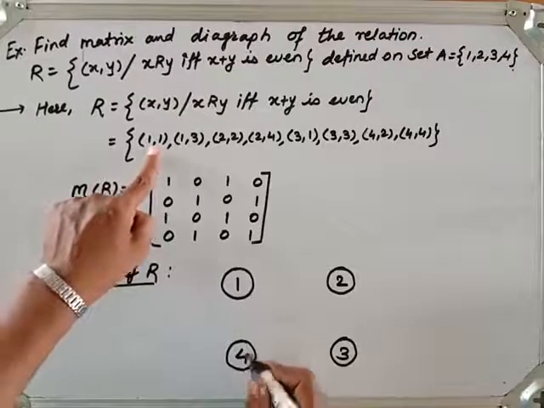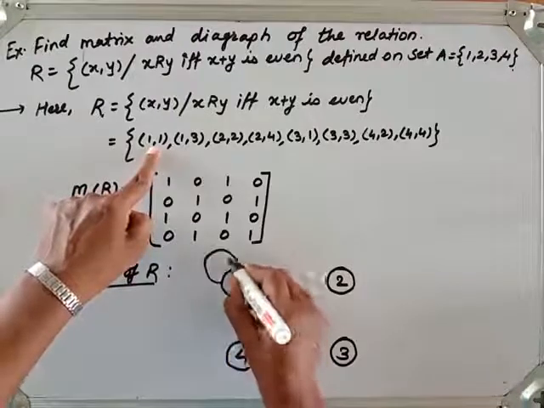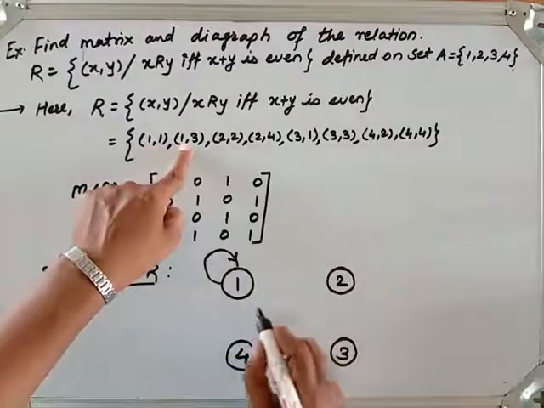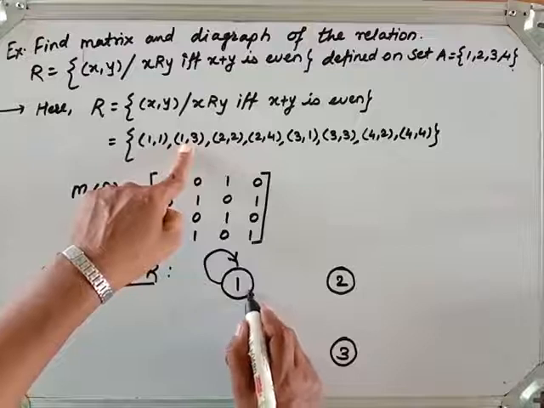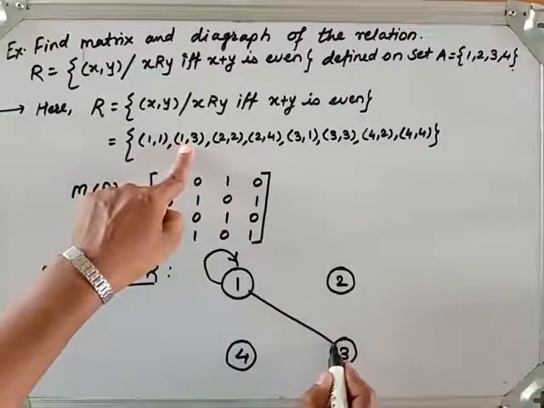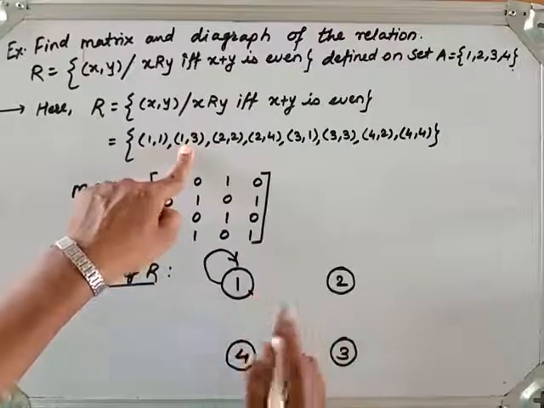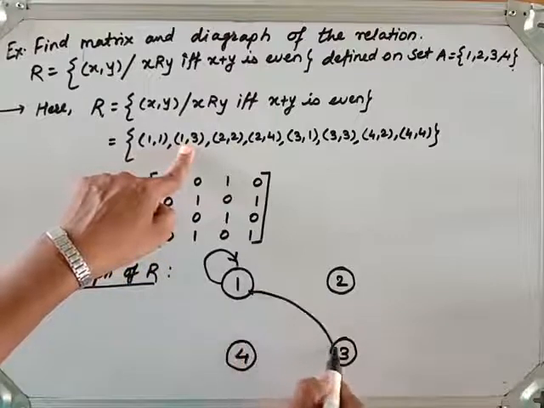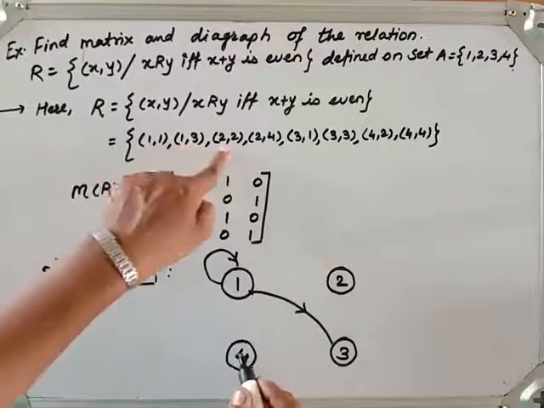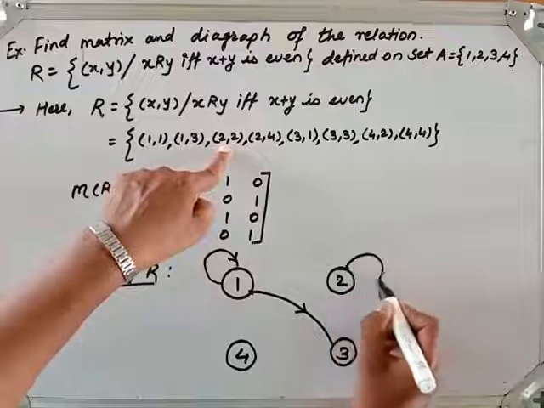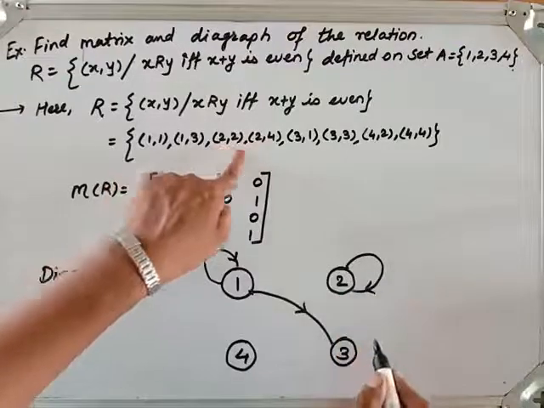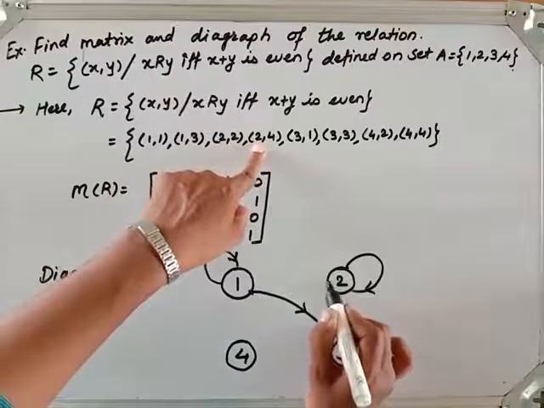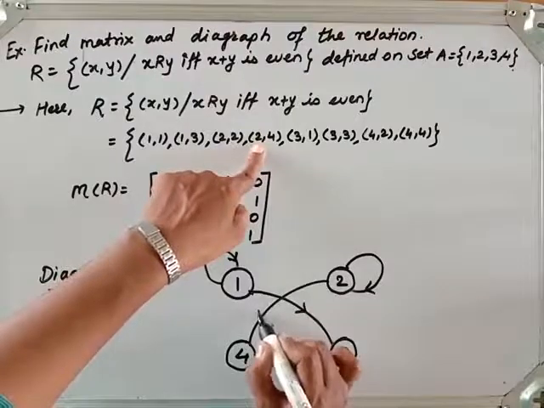Now 1 is related to 1, so there is a loop on it. 1 is related to 3. So now let me write it as such. 1 is related to 3. Now 2 is related to 2. So there is a loop on it. 2 is related to 4. Fine. 2 is related to 4.